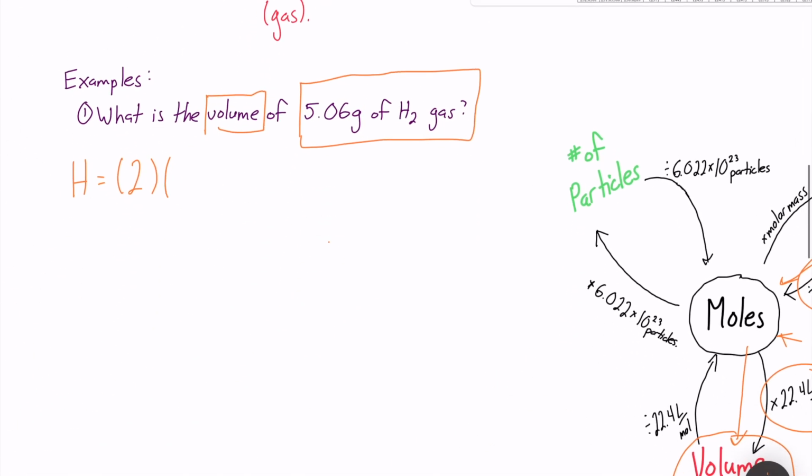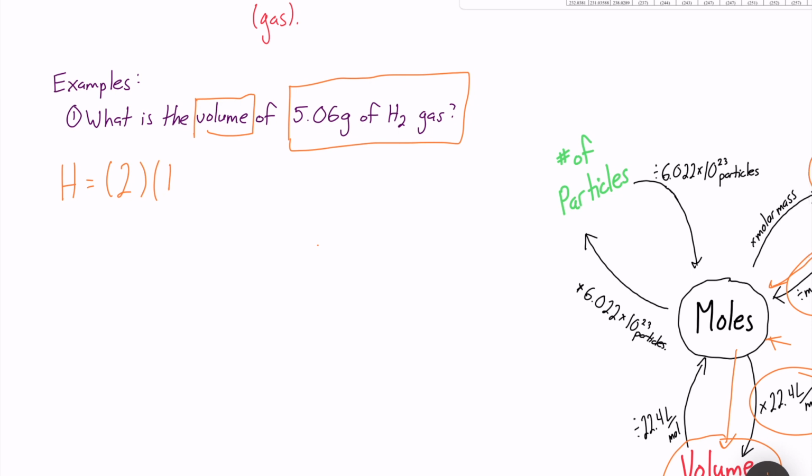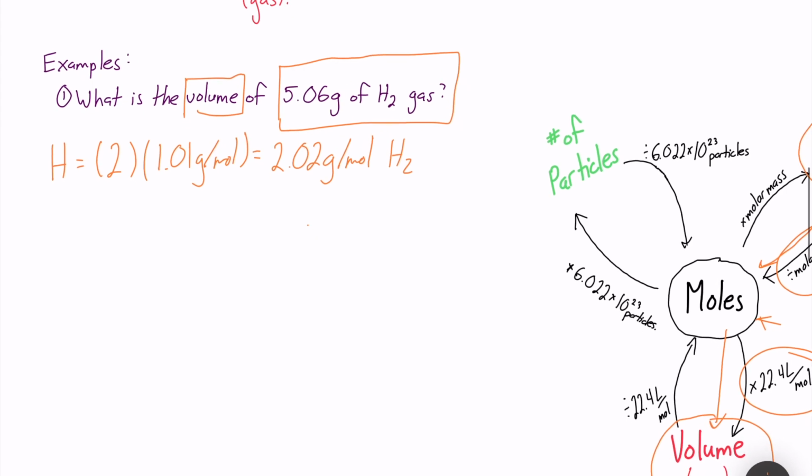So we're going to write down that 1.01. And since it's H2, there are two hydrogen atoms bonded together, so we need to multiply that by 2, which should get us 2.02 grams per mole for H2. All right, so we have our molar mass figured out here.